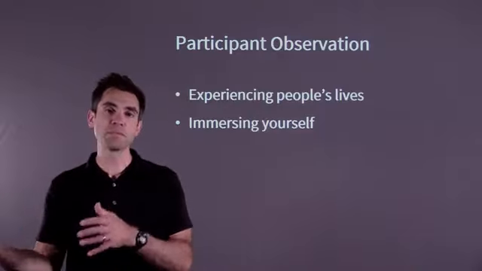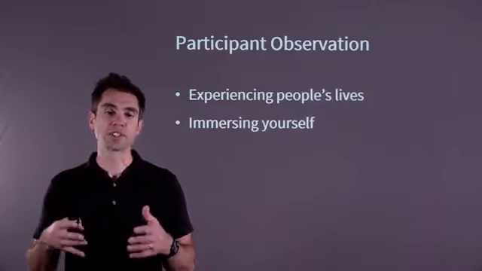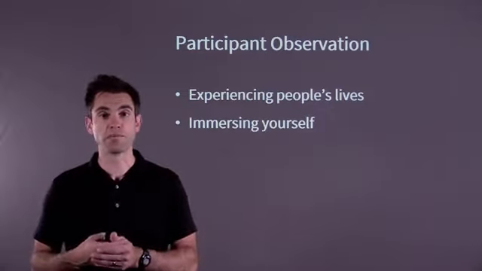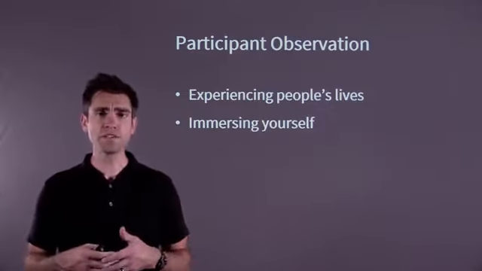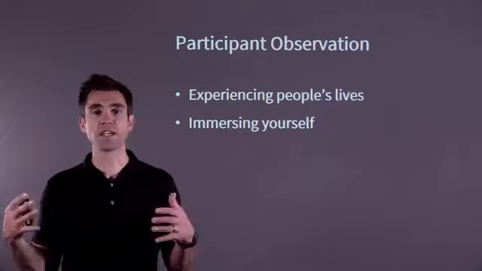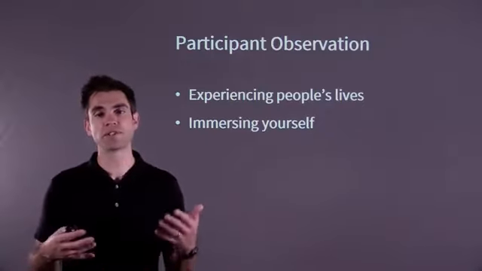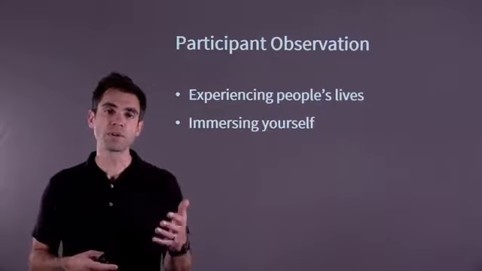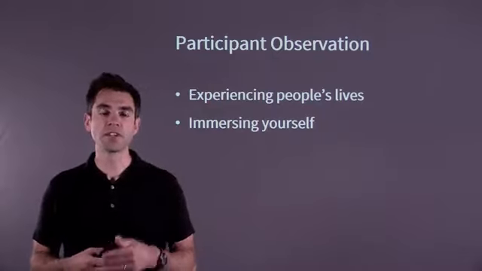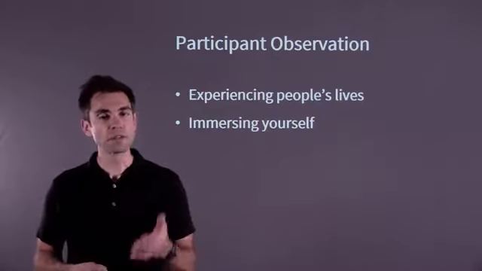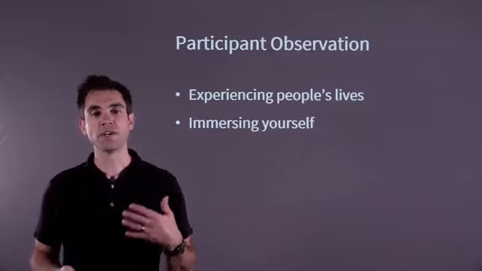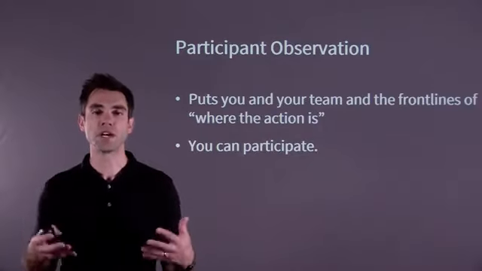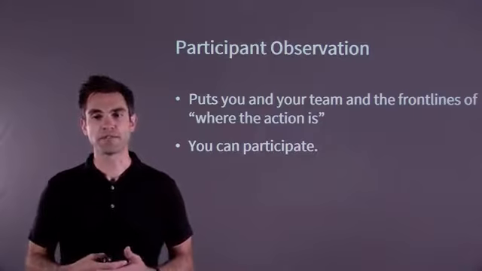If you're in a boardroom, people will notice that you are there, just like a reporter in the courtroom. If you are going to a local community event, people are going to know that you're there. So you are there as an observer, so keep checking that bias and also keep thinking about your objectivity as you immerse yourself.